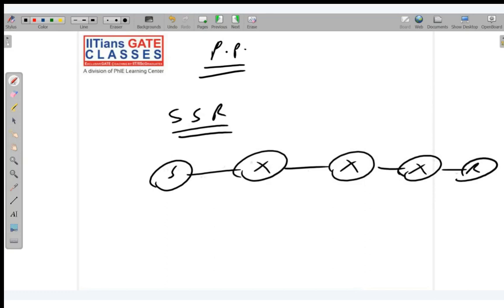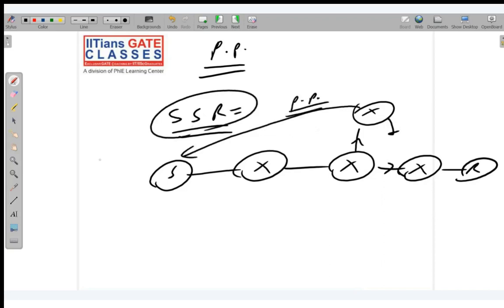If by chance the packet is received by some other router, like this router must send the packet here, but if by chance it sends the packet to this other router, this router will check that the SSR option is there and my IP address is not in the list, so I will drop the packet and send a PP message to the sender. This is one of the reasons for PP.